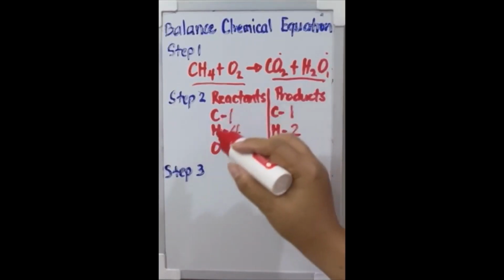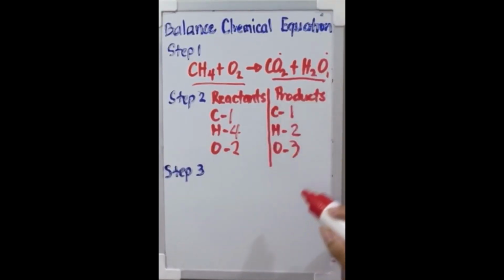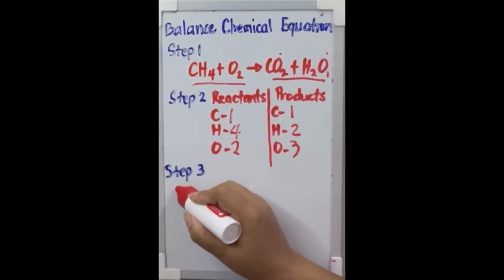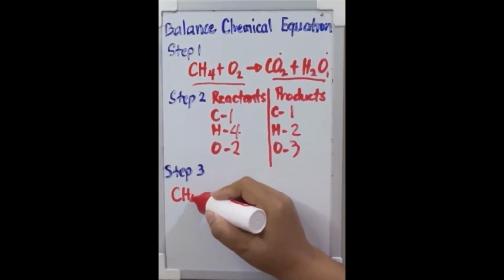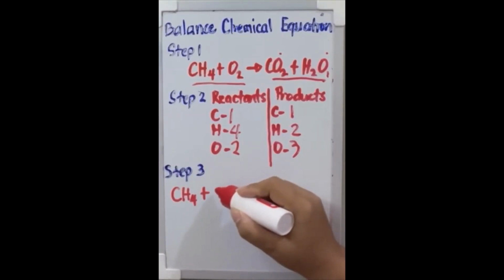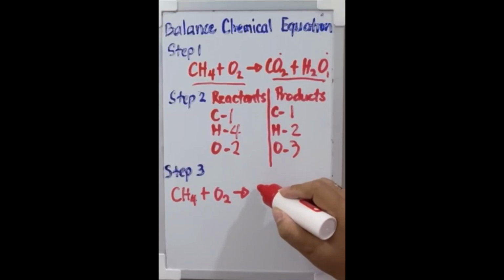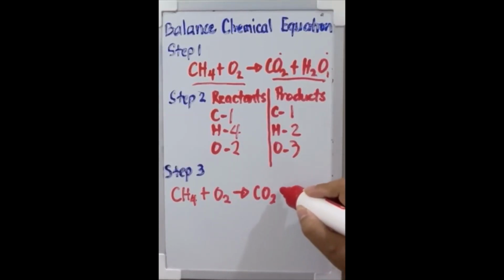Looking at these numbers, we can say that the equation is not yet balanced. To balance the equation, we need to write the coefficients, so we will write the equation first before we add them.